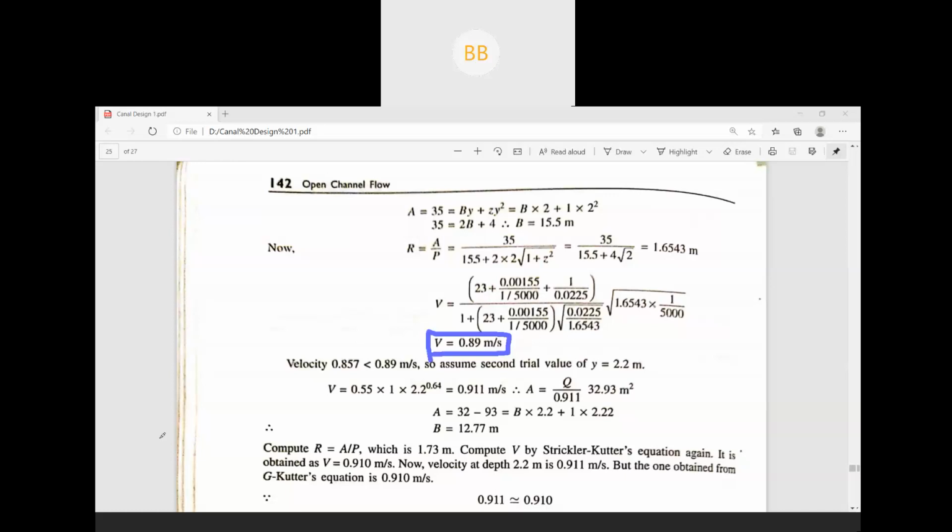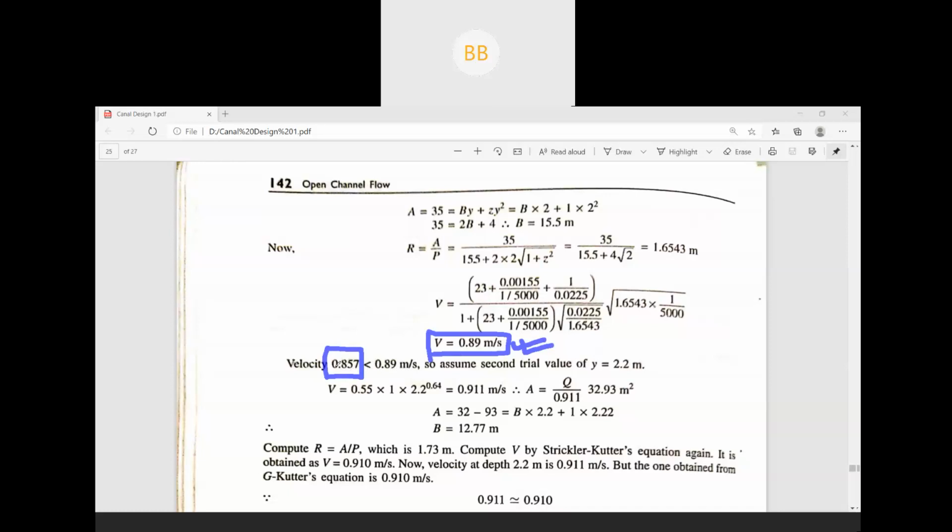So in this case, in the second step we got a velocity of 0.857, and the velocity calculated just now is 0.89. So these two are not the same.